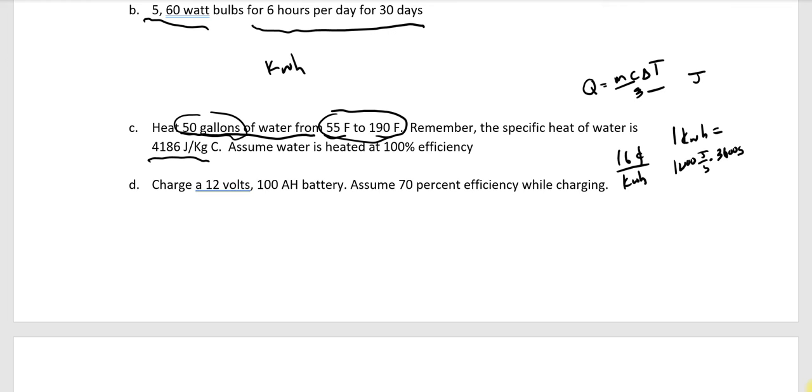So this comes out to 3.6 million joules. 3.6 times 10 to the 6 joules is equal to 1 kilowatt hour. So after you calculate how much heat transfer is needed to raise that 50 gallons up in temperature, then what you can do is convert that to kilowatt hours using this, and then the 16 cents per kilowatt hour.